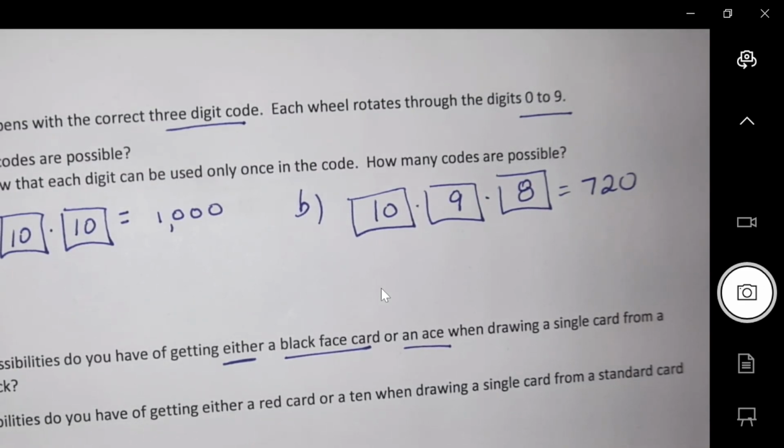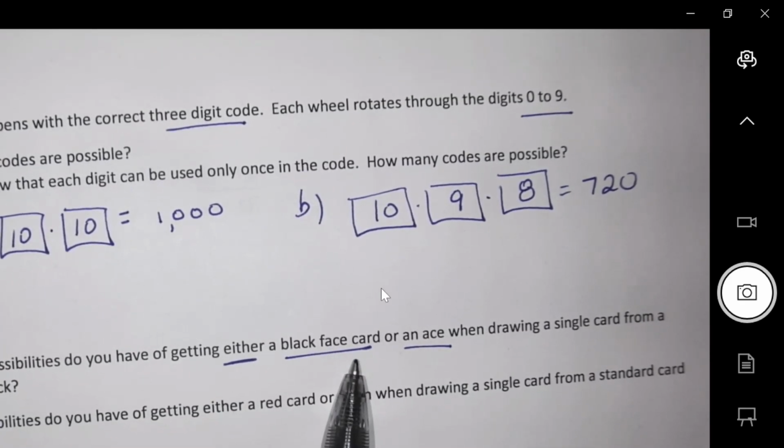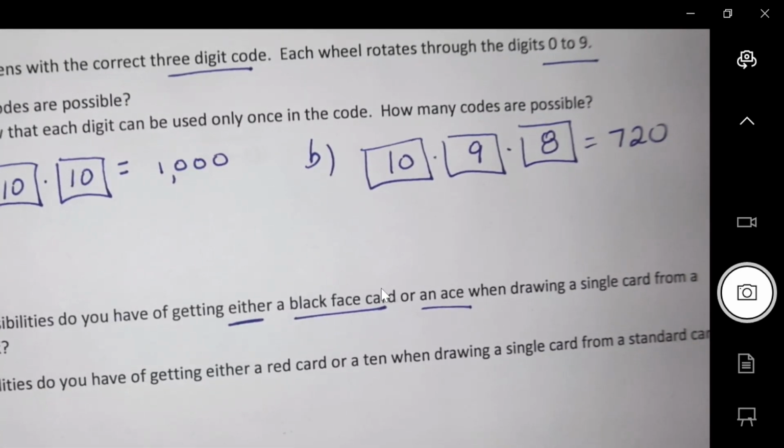Okay, don't have one. Alright, do we know our deck of cards? How many black face cards are there in the deck? There's 6 black face cards.